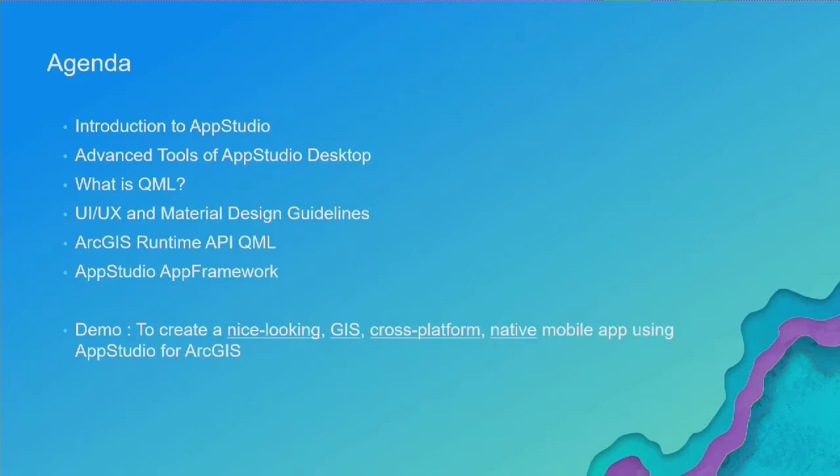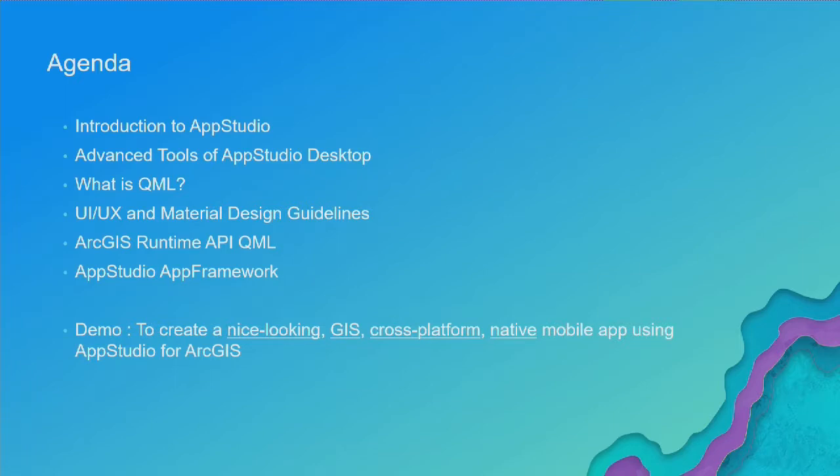Then we'll talk about UI and UX and something called material design specifically. Also, we're going to continue with the ArcGIS Runtime API QML and how it is being added into the AppStudio app. And last but not least, we are going to talk about the AppStudio AppFramework.